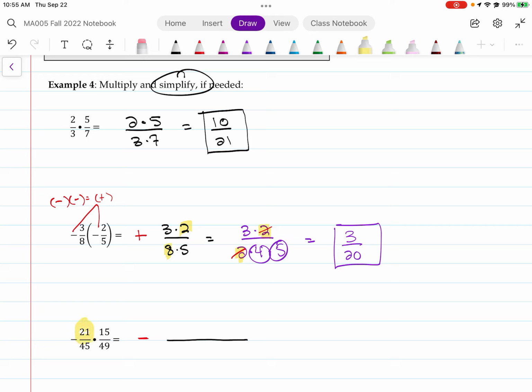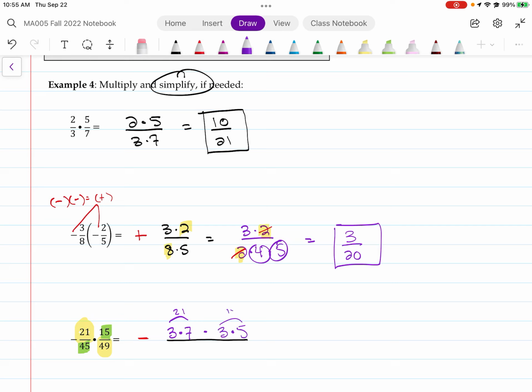So I see a 7 in this one and this one. Those both have a 7. I see a 5 in this one and this one. So I'm going to factor those. On the top I'm going to look for the 7. So 3 times 7, right? That's my 21. And then I've got to factor the 15, and that is 3 times 5.